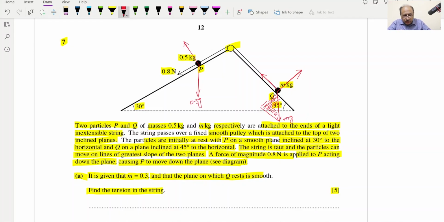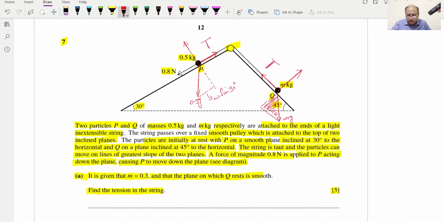We can resolve this mg into components, and this will be w sine theta, this one will be w sine of 30 degrees. And tension will be in this string like this. So this is the force diagram which we have drawn.